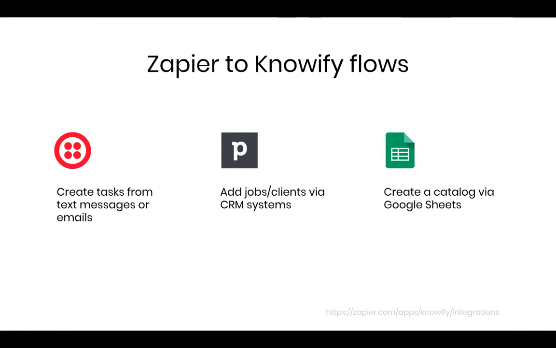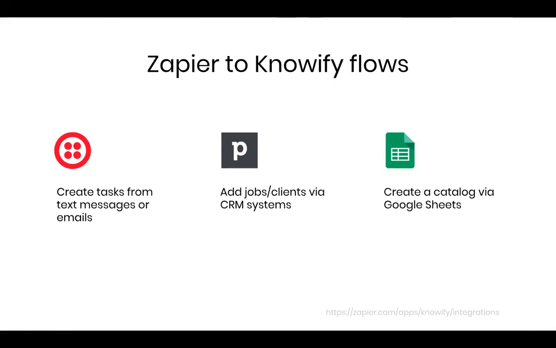This way, you can manage the relationship with your client in your CRM software, since that's where they specialize. But then once the client has approved the contract and it's time to start managing the project and tracking your costs and budget, that's when it'll automatically enter the information into your Knowify account, so it doesn't need to be entered twice.